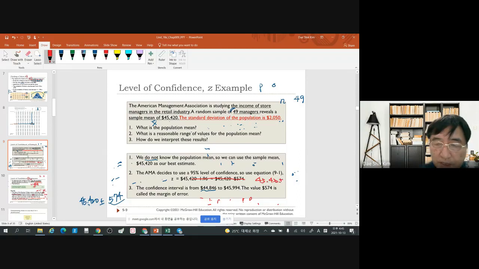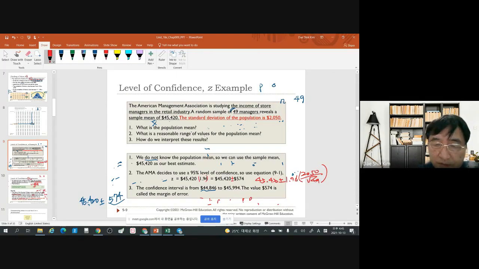420 plus or minus 1.96 multiply standard deviation 2050 divided by square root 49. Okay, then the answers are plus minus.